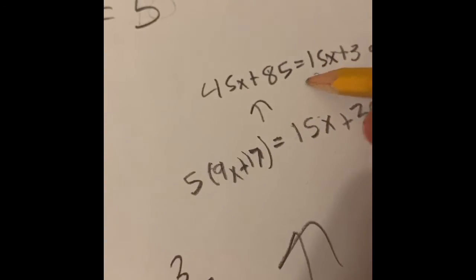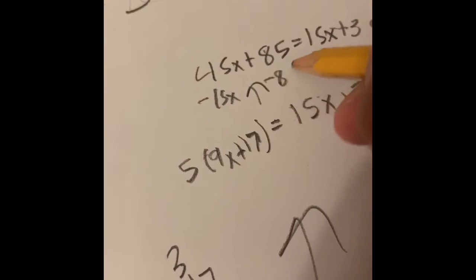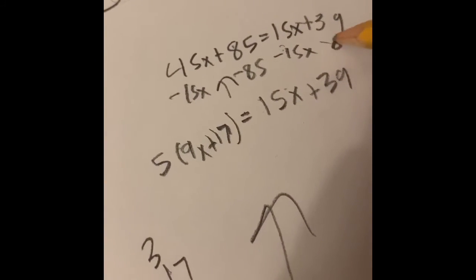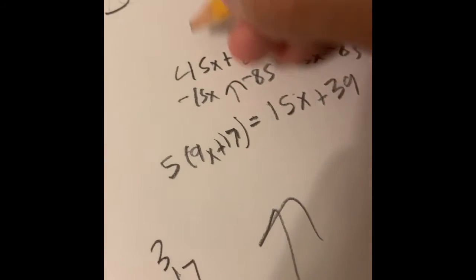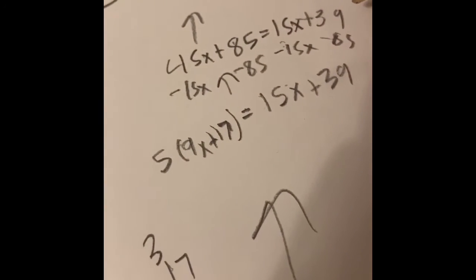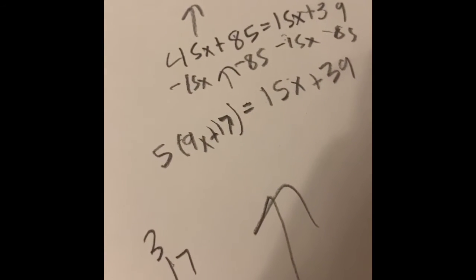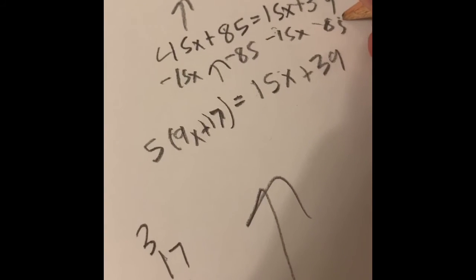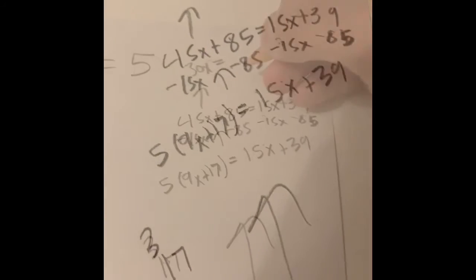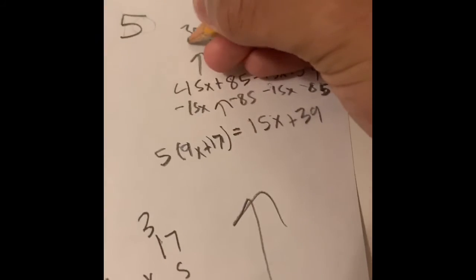Now we just subtract 15x, subtract 15x, subtract 85, subtract 85, and then you get 30x equals 39 minus 85. Let me just write that a bit better. Which you get, and then you just divide 30 by each of them.